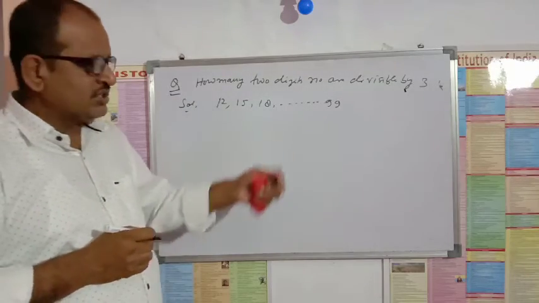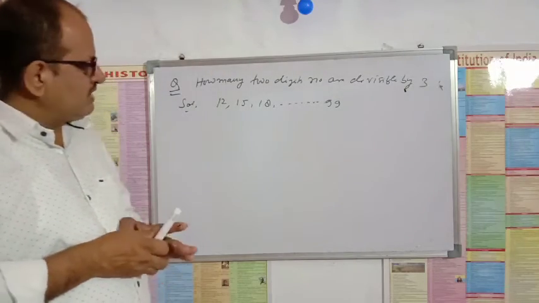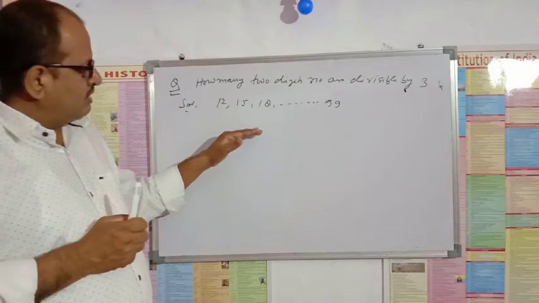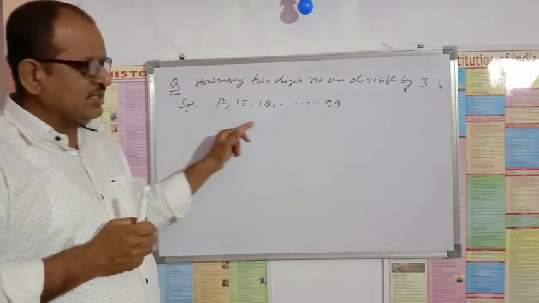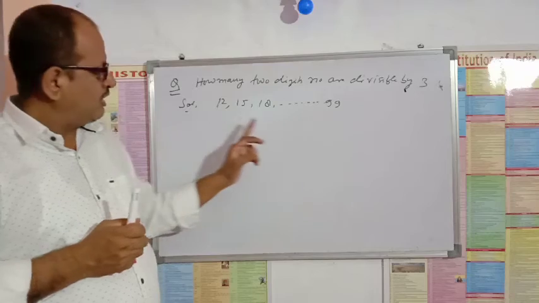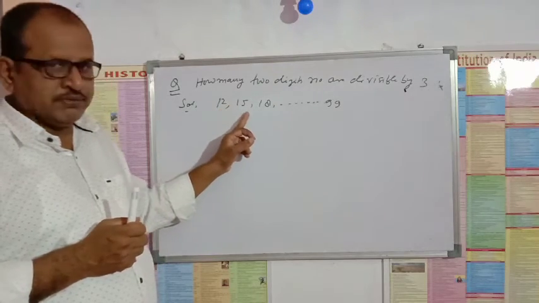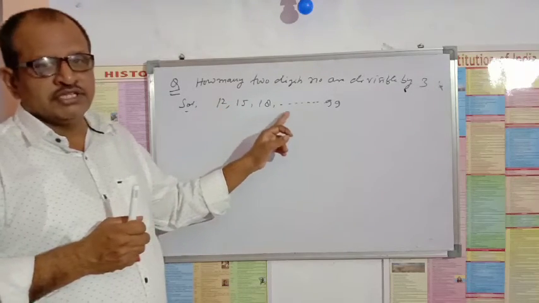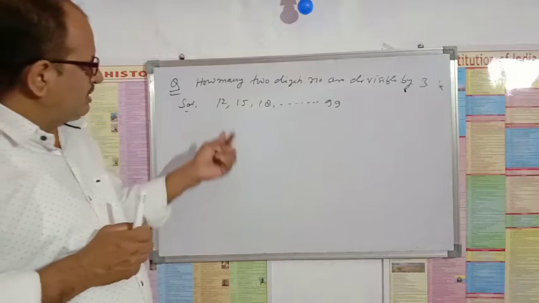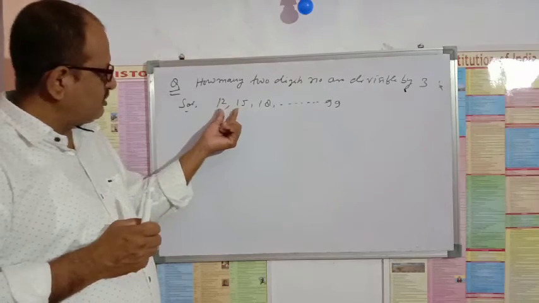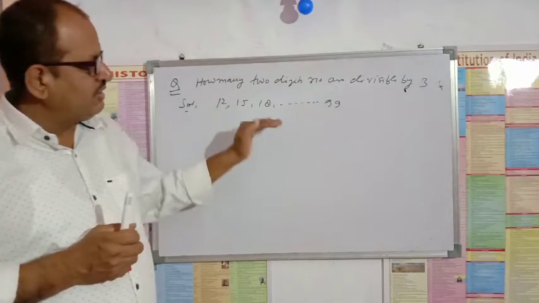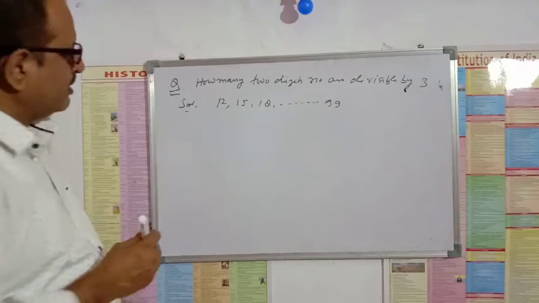So these are the numbers divisible by 3. If we see the pattern, we observe that this sequence is an AP, because 12 plus 3 is 15, 15 plus 3 is 18, 18 plus 3 is 21, like this it is coming. So there is a constant difference between two consecutive terms. So it is an AP.